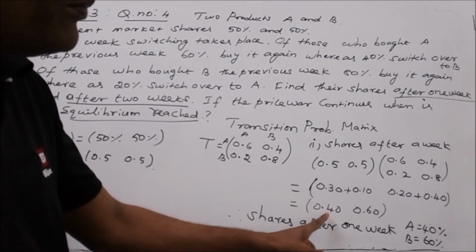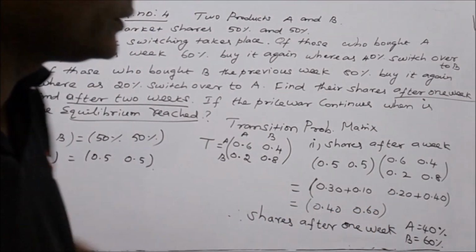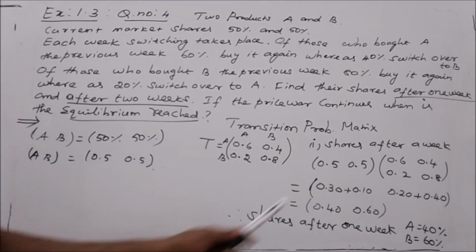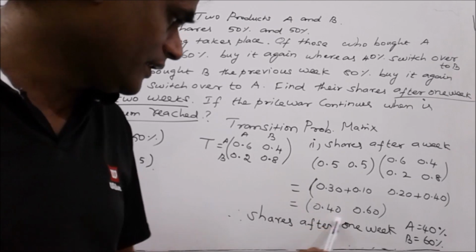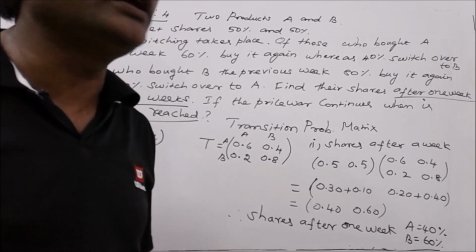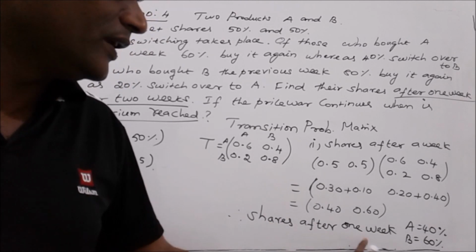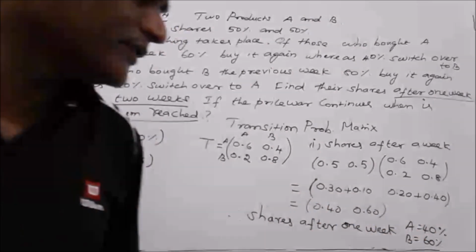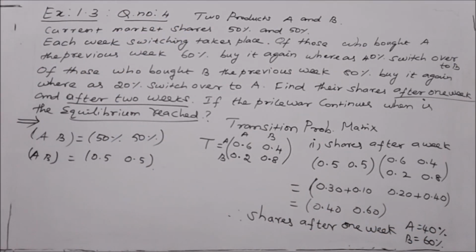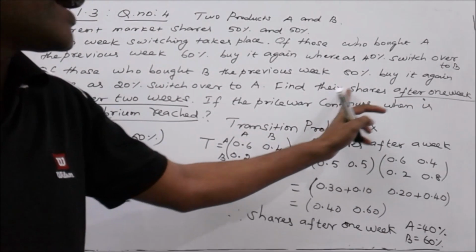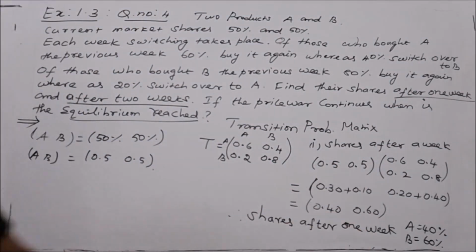Adding these results, 0.40 and 0.60. So the share after 1 week, for A it is 0.40 and for B 0.60. A has 40% share and B has 60% share. So the first subdivision is completed. The share after 1 week is calculated here.